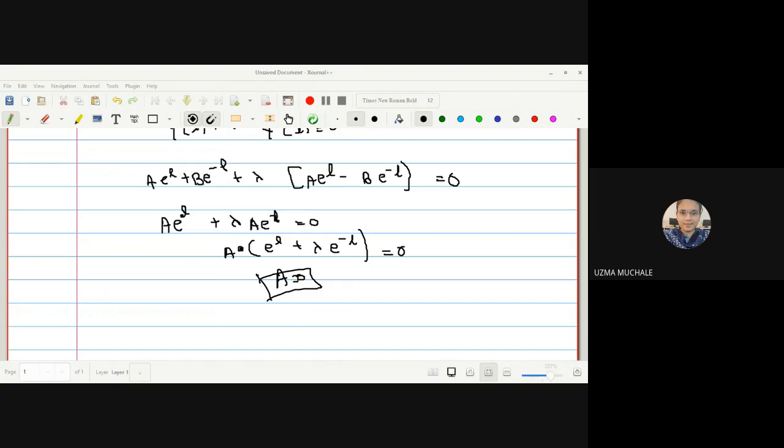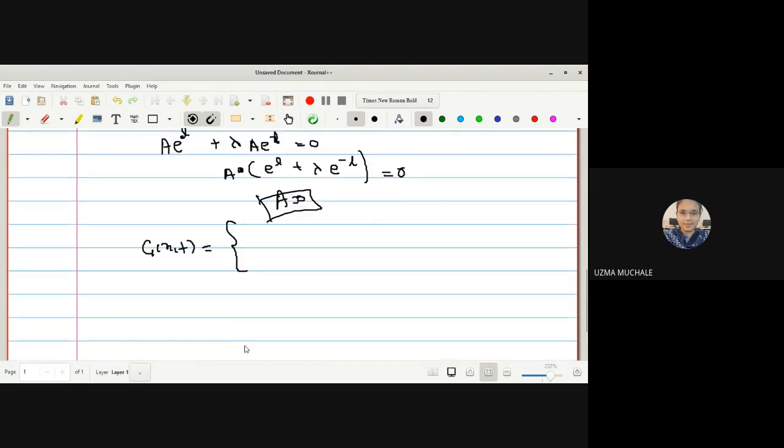Now we can say the Green's function exists and is given by the following. This type of problem is a Sturm-Liouville problem in which the boundary conditions are given with some constant lambda.